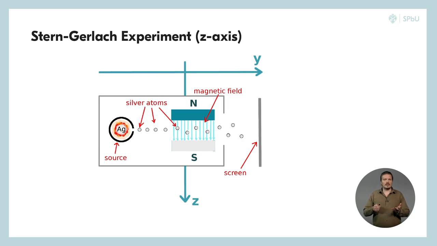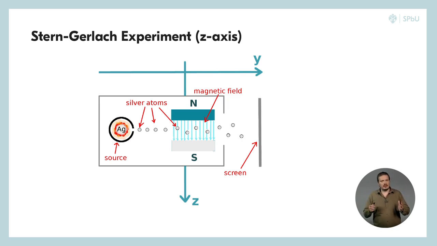The direction of magnetic field orientation is important to us, so let's call it Z. The silver atoms fly along the axis Y, and the field is oriented along the axis Z.